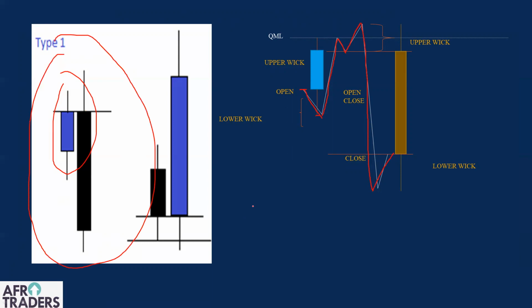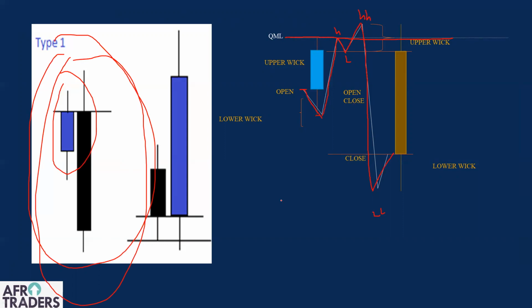But the interesting thing about this is that we have a high, a low, a higher high, and a lower low. And this is the Quasimodo level. You have a Quasimodo pattern within this. You can see that here. So this makes this entire engulfing an important one.